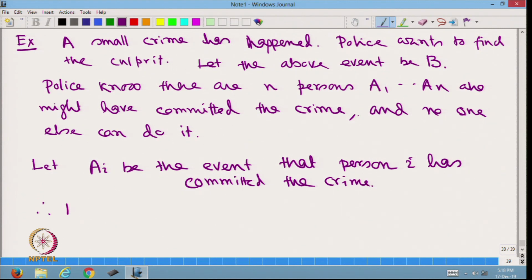Therefore, let A be the event the crime has been committed.